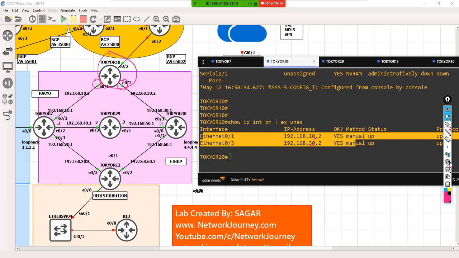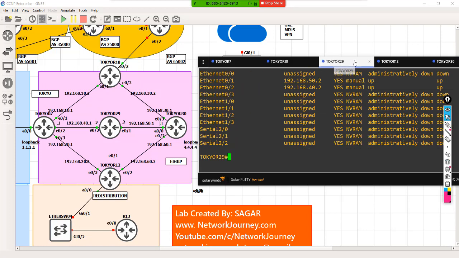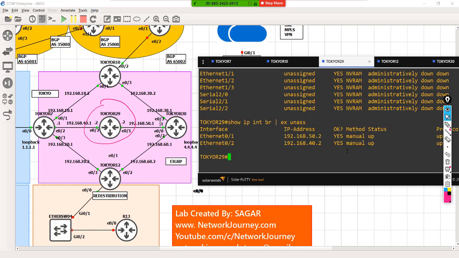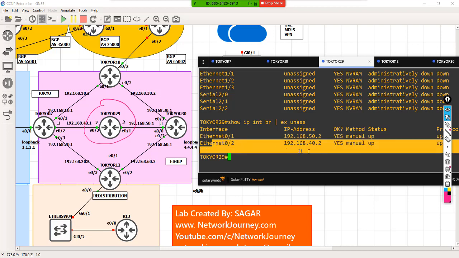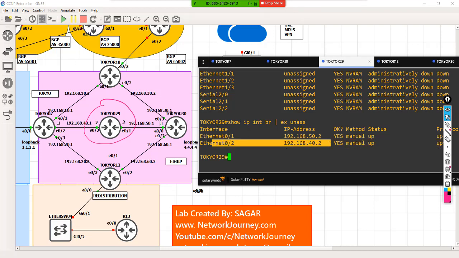Similarly on Tokyo 29. Now where is Tokyo 29? That is this. So it must have 2 physical interfaces. Show IP int brief exclude unassigned. So one in the 50 series network on 0/1, and I have 0/2 as the 40 network.